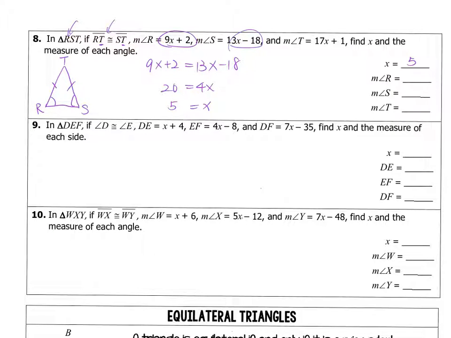If x is 5, in order to find R, I just need to substitute it in. 9 times 5 is 45, so R should be 47. If R is 47, S must be 47. And then you can either substitute it into 17x plus 1, or you can just use 180 minus 47 minus 47.